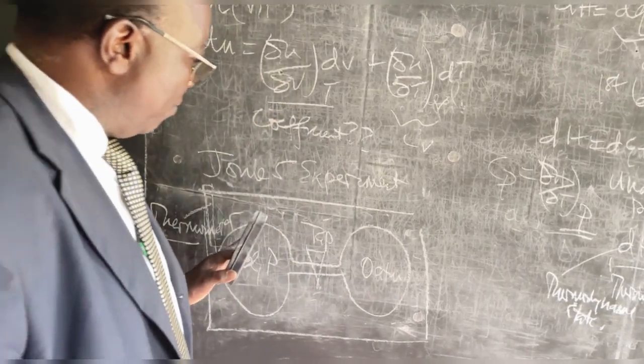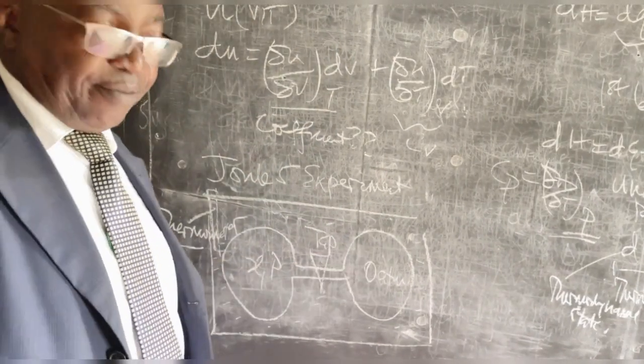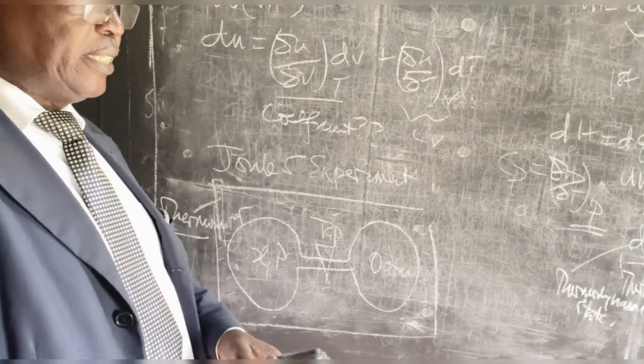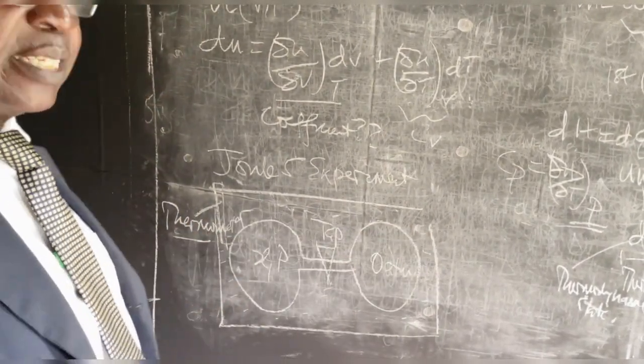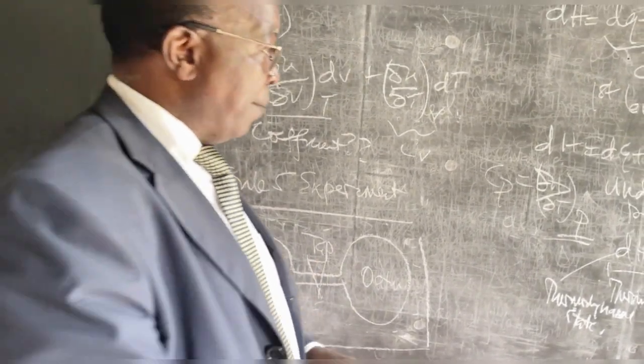The gas will expand into the evacuated flask, point number one. And you have the thermometer. So if any heat is involved as a result of the expansion of the gas, then we expect to see the temperature change.